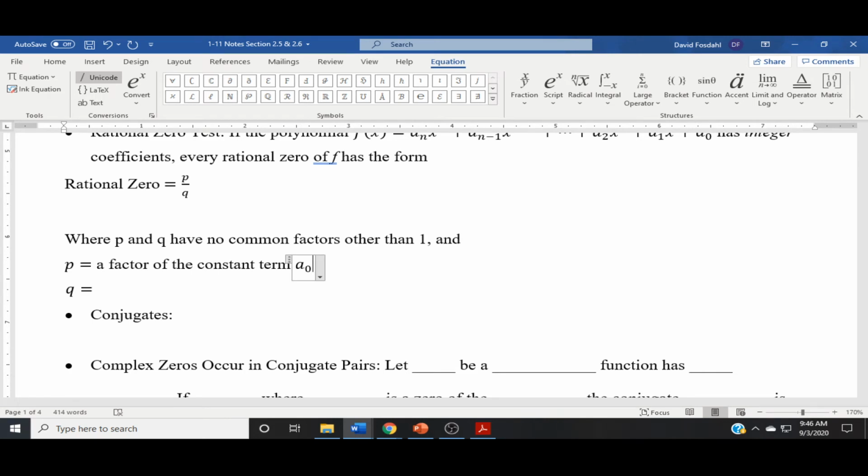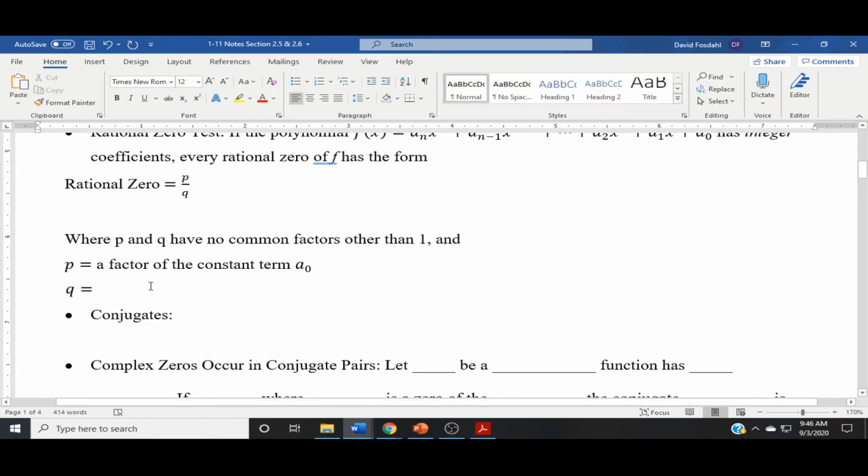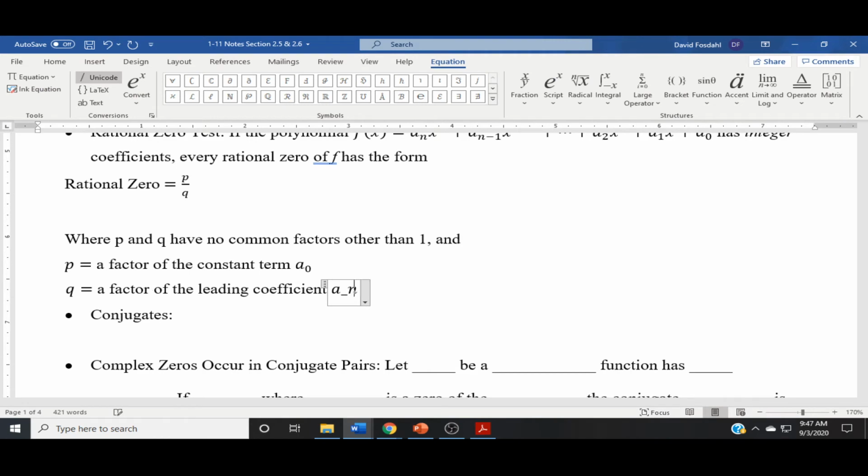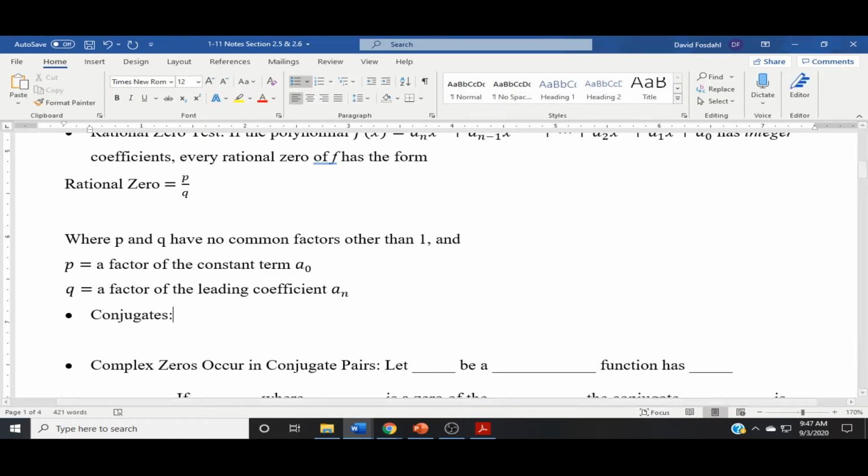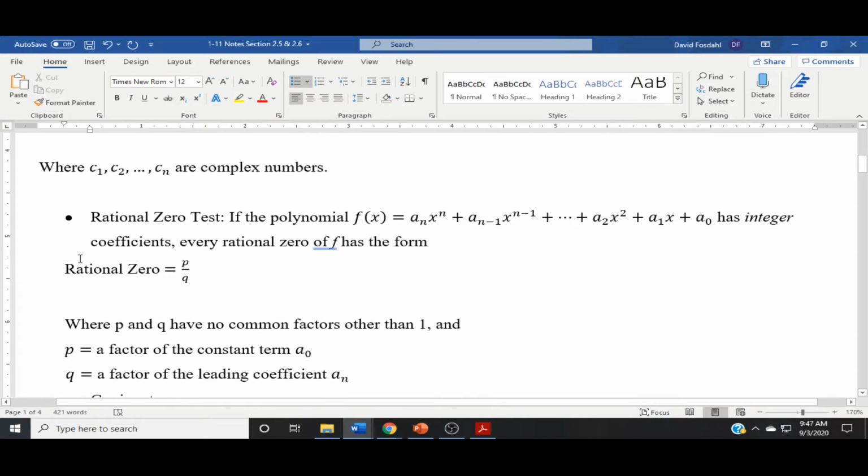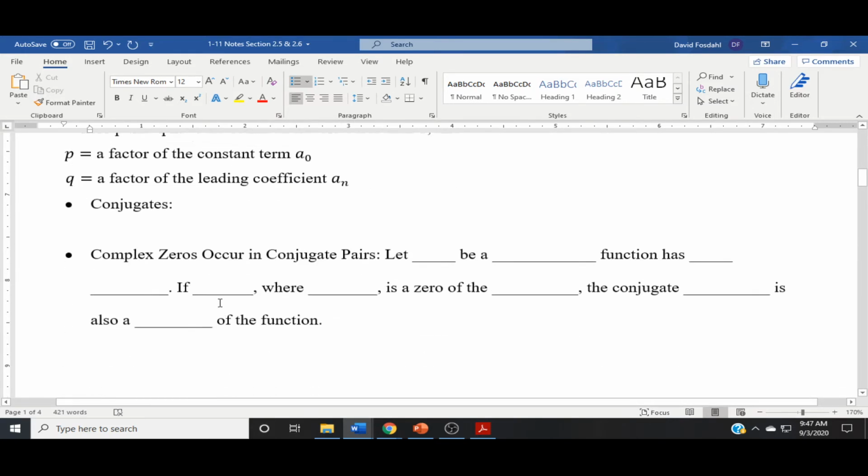So p is divided by q, so p is the factors of a0, and q is a factor of the leading coefficient. So you always divide the factors of the constant term by the factors of the leading coefficient, okay, to find rational zeros, okay? So this is our rational zero test.